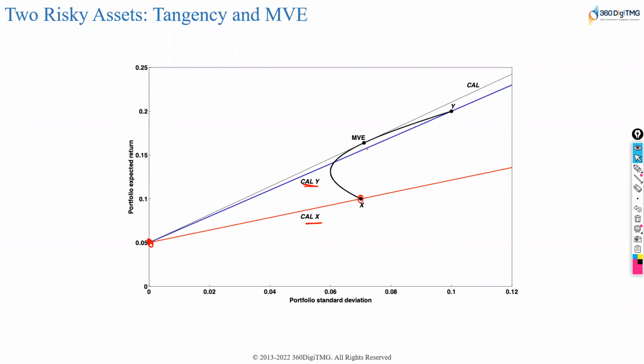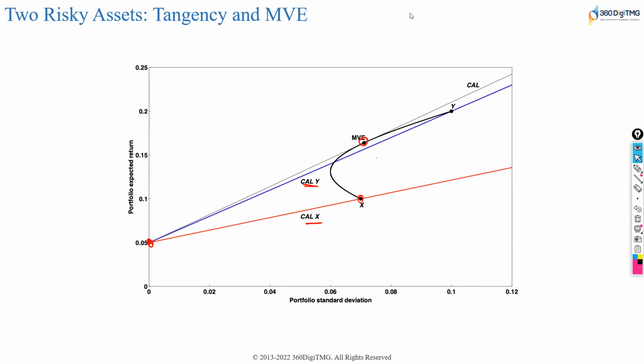Now, if you move that line slightly above, and if you can draw a tangent which exactly touches this efficient frontier, that would become your mean variance efficient portfolio.